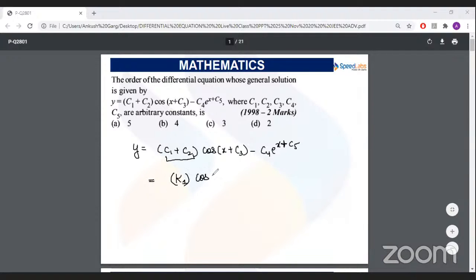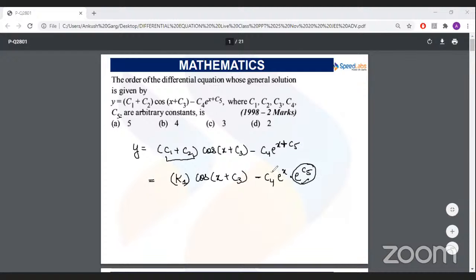तो इसको मैं k1 cos of x plus c3 लिख सकता हूँ. Then here again, I can write e to the power x plus c5 as e to the power x into e to the power c5. Now, if C5 is an arbitrary constant, can we say e to the power C5 will also be an arbitrary constant?